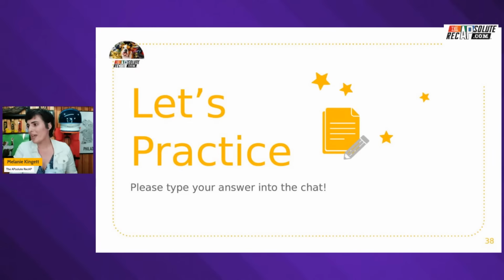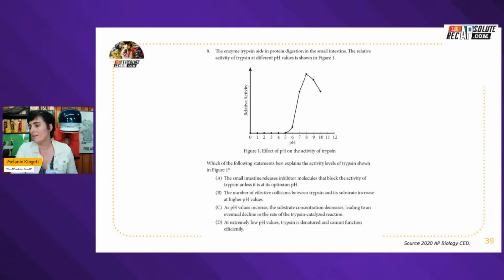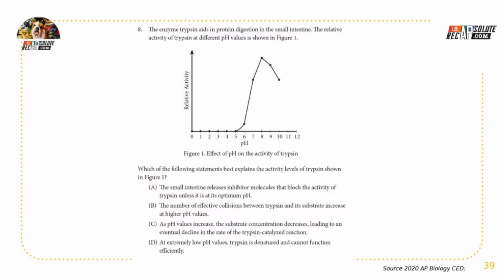All right, time for a practice question. Make it big for you. Here we have the enzyme trypsin, which aids in protein digestion in the small intestine. No, you don't have to know anything about the small intestine to answer this question.